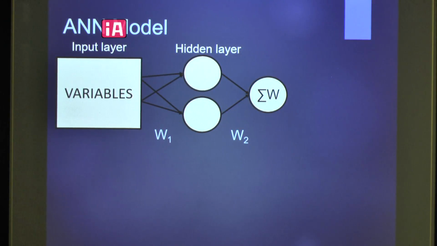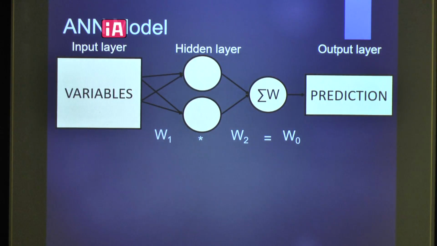After the hidden layer, it has the next step, and in this next step, it calculates another combination of all of these weights, similarly looking at that influence of inputs to outputs. And then finally, we have our output layer, which is our prediction. And by getting that prediction, it has a W0 shown here, which is a combination of W1, W2 through matrix math, and we get our final influence of inputs to outputs.